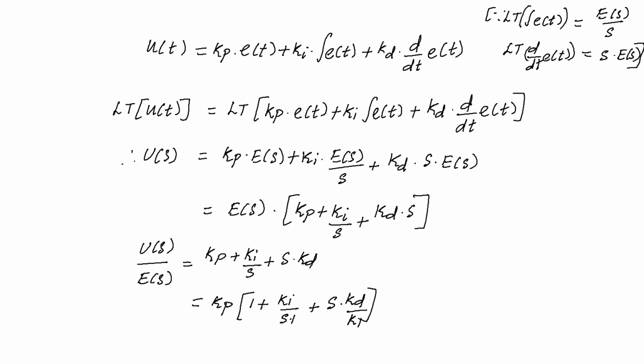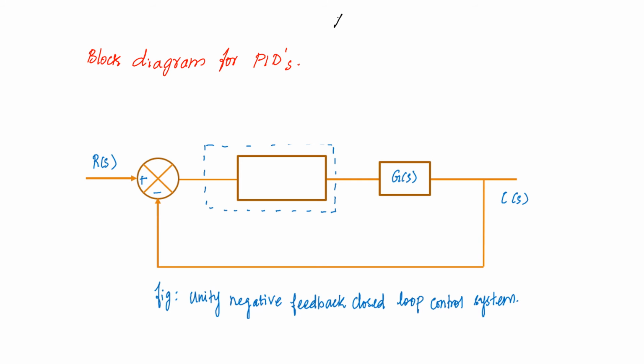So replace Ki by Kp as 1 by Ti and Kd by Kp as Td, right?